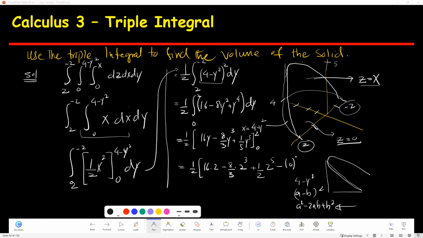Then minus everything becomes 0. 16 times 2 is 32, then 8 times 8 is 64 divided by 3, and plus 2 to the power 5 divided by 5.